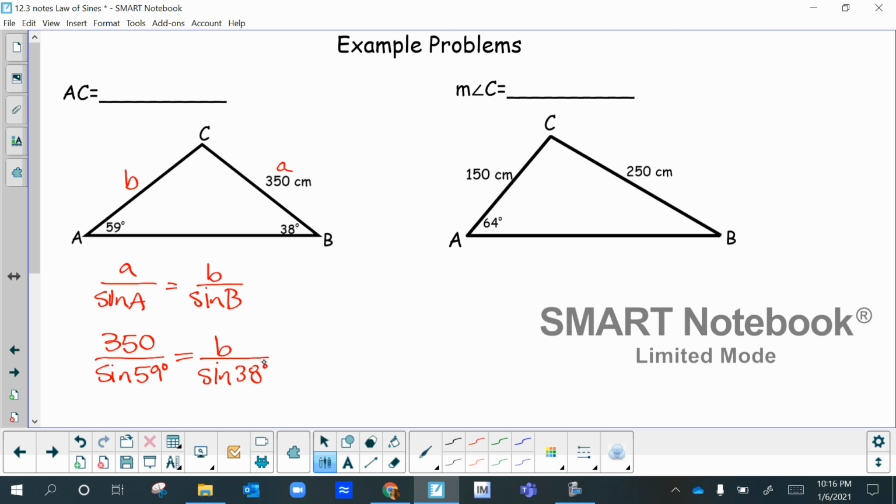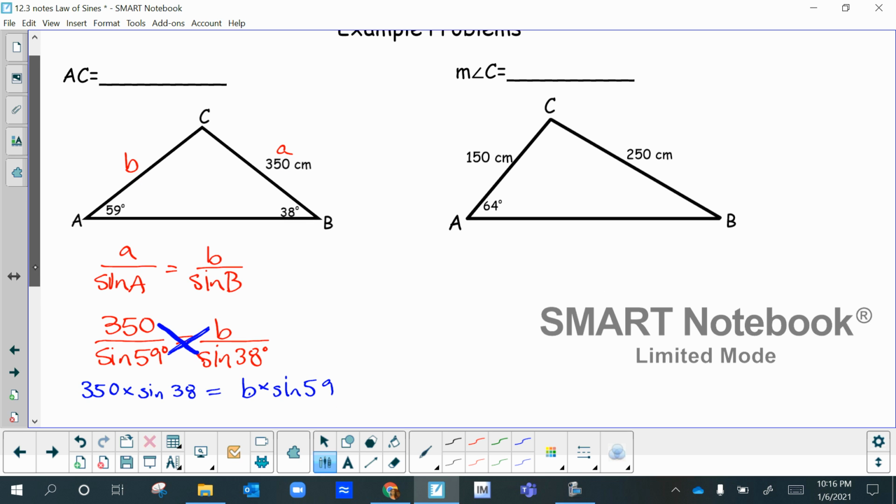So how do you solve this type of problem? You cross multiply. I'm going to multiply 350 times sine of 38. I'm just going to write it down for now, and then I'll use my calculator. 350 times sine of 38, and that's equal to b times sine of 59.